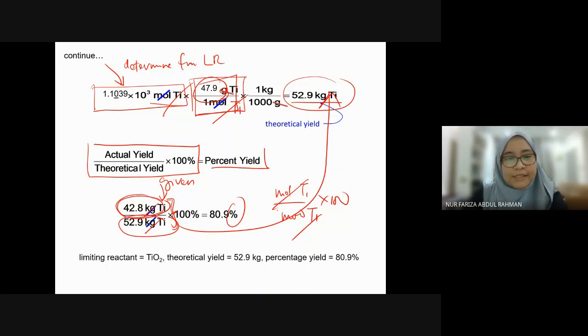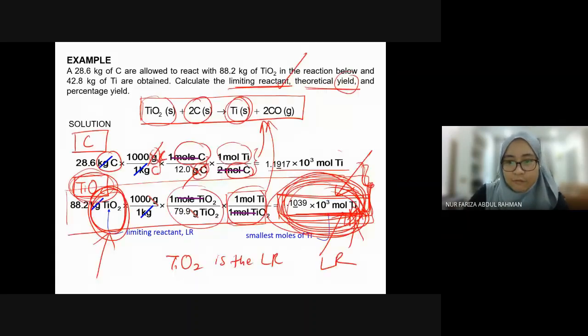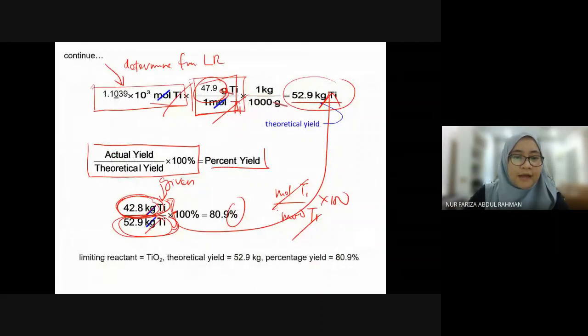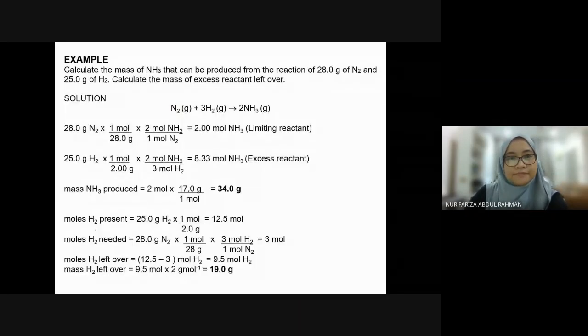You have to get the same. So you have to convert 42.8 kilogram titanium into mole, and then this one we have the mole already from here. Right? So try dividing, do you get it? You should get the same. It's just that the numbers here are different. This is in kilogram, this is in mole. Okay, alright.